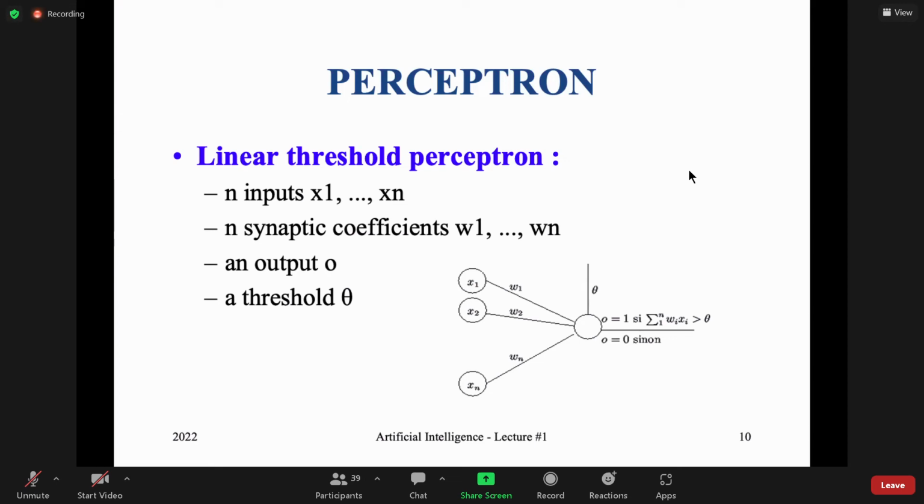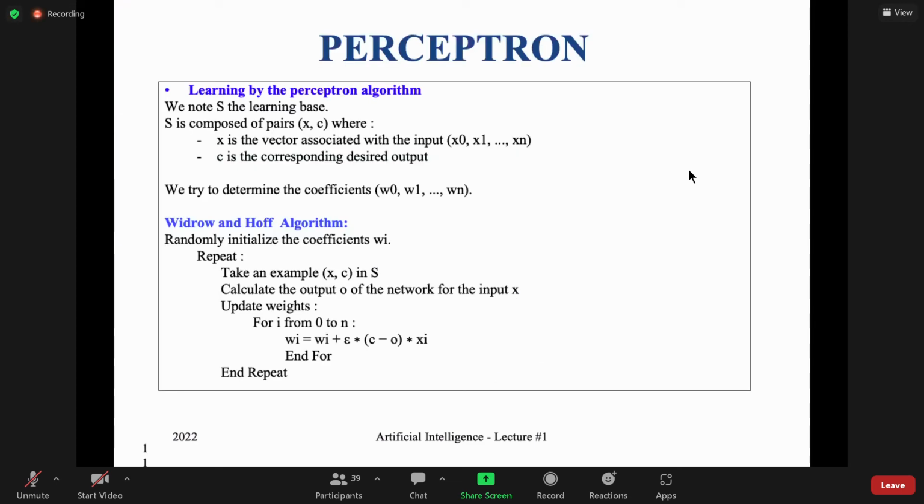Okay. So just to show you now how to train this perceptron. I explained with my hands last time how to train the perceptron, but now I will show you the exact algorithm.